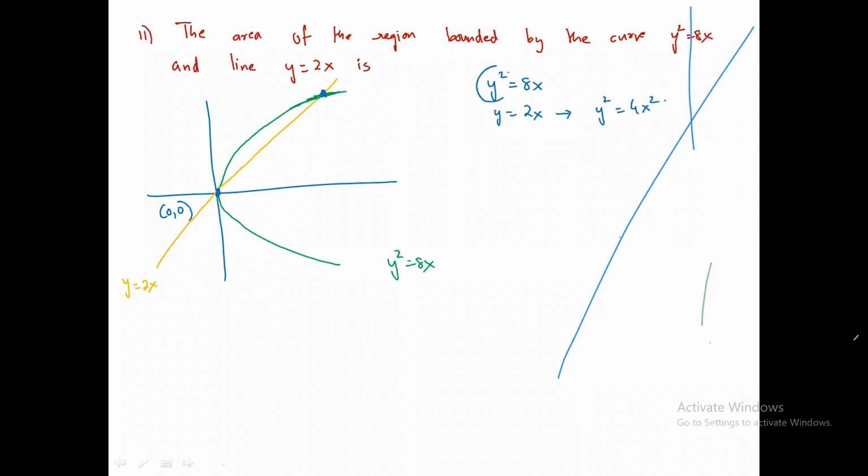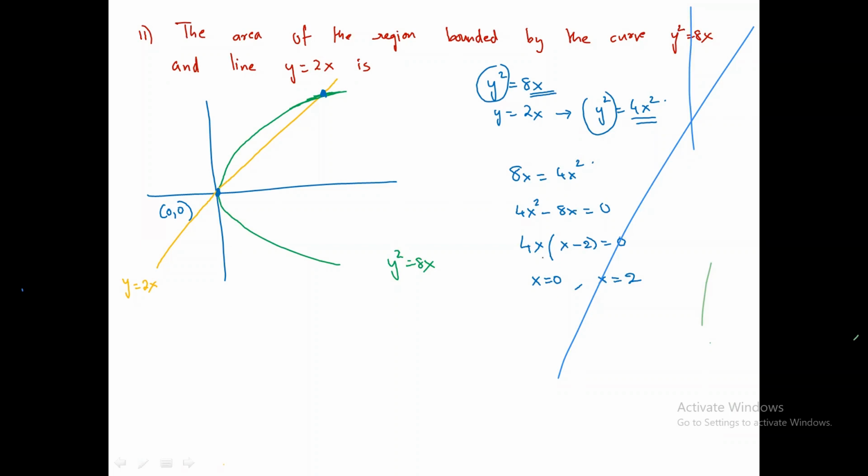So this is y square, this is y square. So you can equate 8x and 4x square. 8x equal to 4x square. 4x square minus 8x is 0. Take 4x common. x minus 2 equal to 0. One value for x is 0. The other value for x is 2.